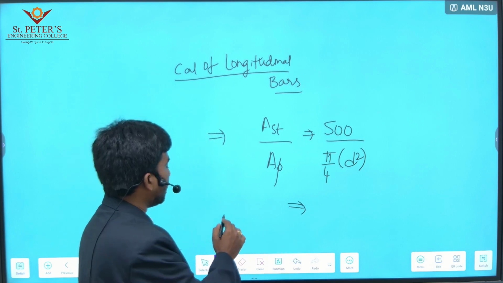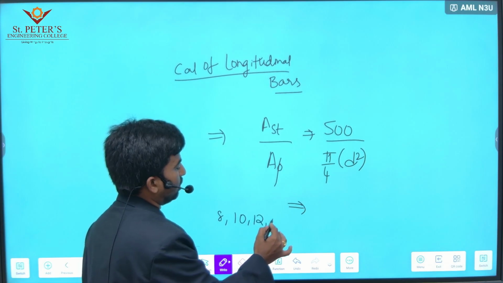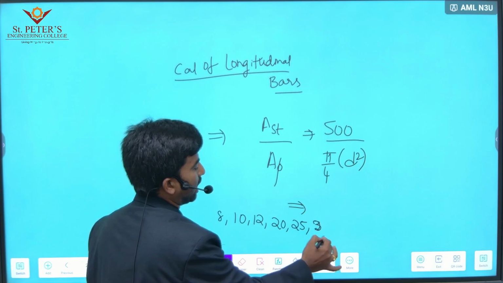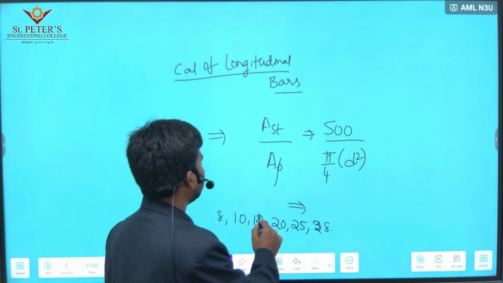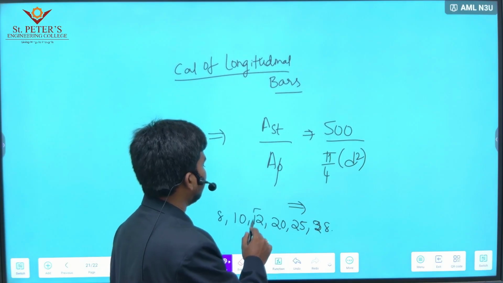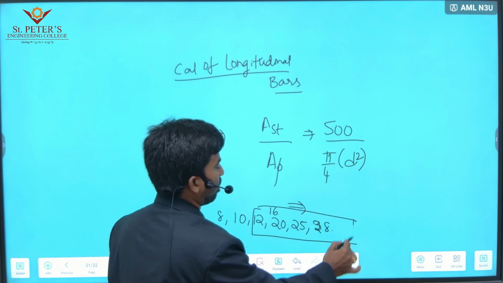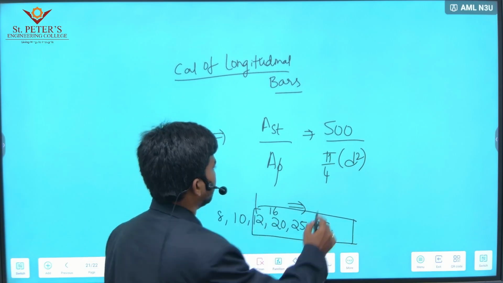Bar diameters are available in 8, 10, 12, 20, 25 and 28. In beams we use a minimum of 12 to 20 and 16 also. For columns the minimum bar diameter is 12.